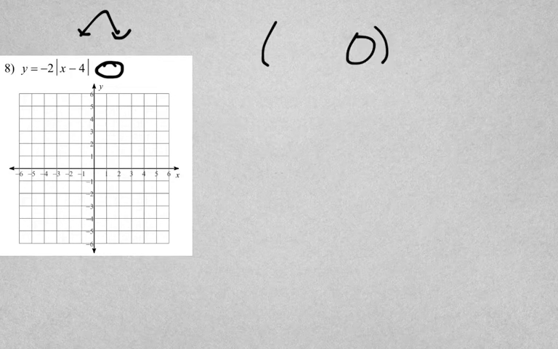Okay, so number 8 is a little bit different. It has a -2, so that means instead of the graph going up, it's going to be coming down. We don't have anything on the outside being added or subtracted, so that means that our vertex is going to have a 0 at the end. We're going to do opposite of the -4, so that's going to be a +4.